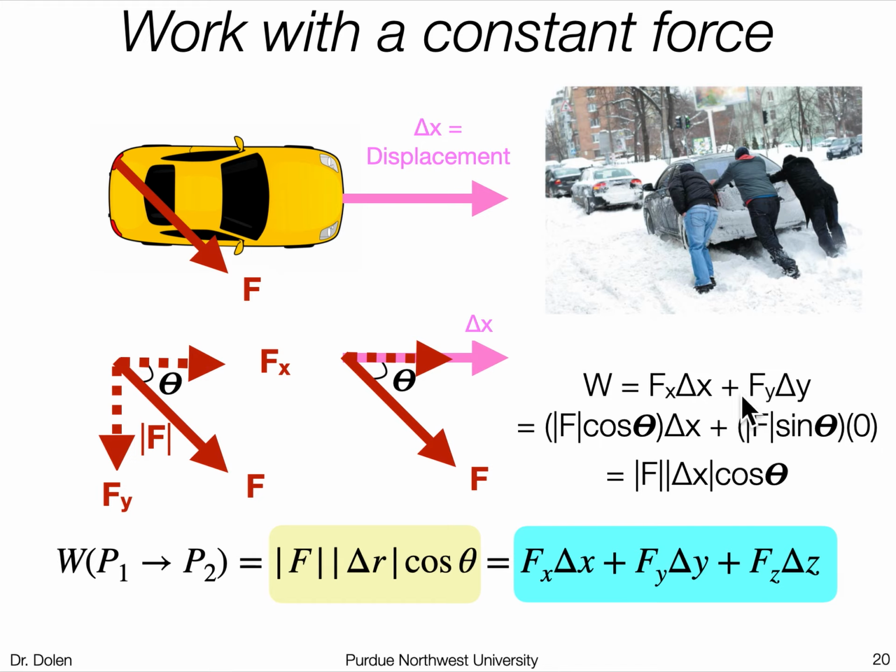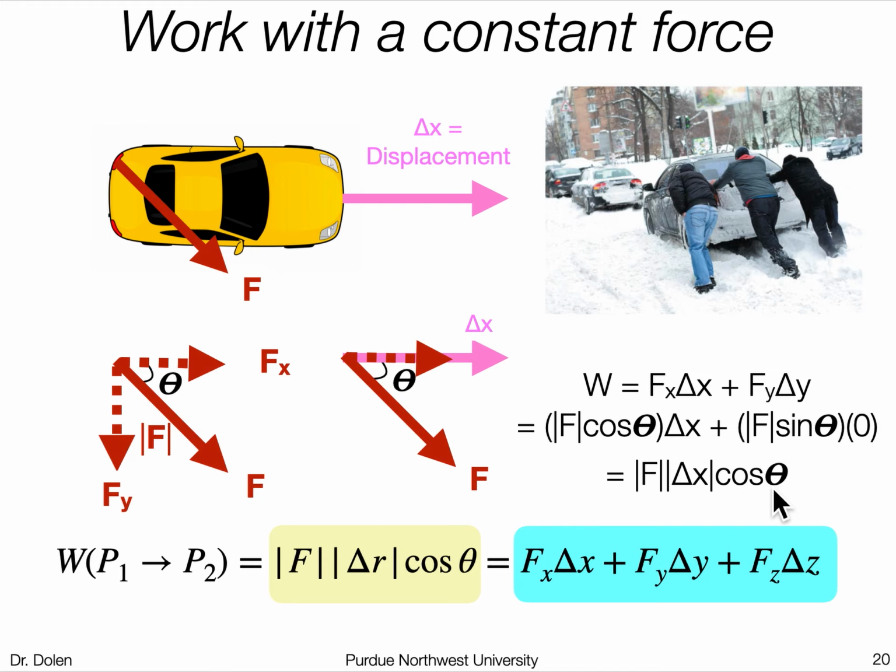So this term goes away, and so the work done by this person as he's pushing the car is the force he's applying times the displacement of the car, but multiplied by the cosine of the angle that he's pushing at, right? So if he was pushing at 0 degrees again, he would be doing maximum work because cosine of 0 is 1. But he's pushing at some angle, so it's going to be some number less than 1.